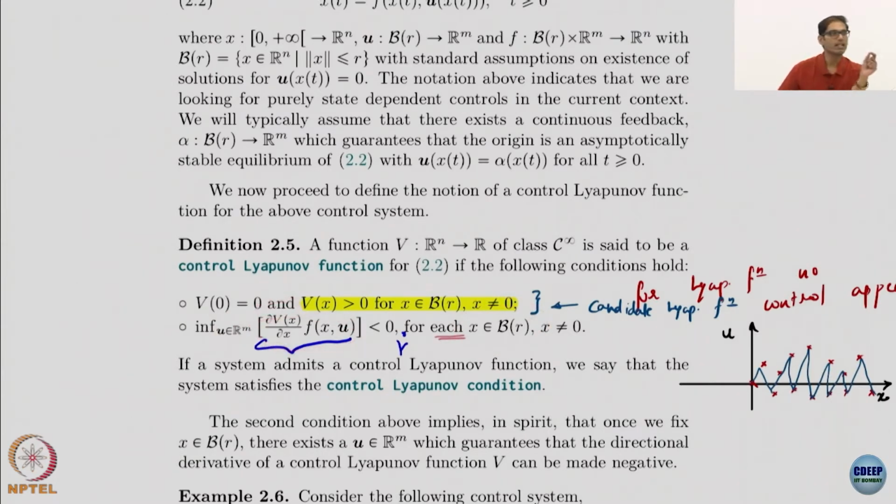Now I am saying that once I fix an x, I can always find a u, which is again some single vector in R^m, not a trajectory or anything like that, such that this becomes negative.